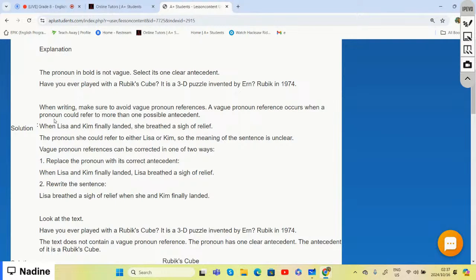And there we have another example of Lisa and Kim getting off the plane. And we can once again correct it by either replacing the pronoun with the correct antecedent, or we can rewrite the sentence.